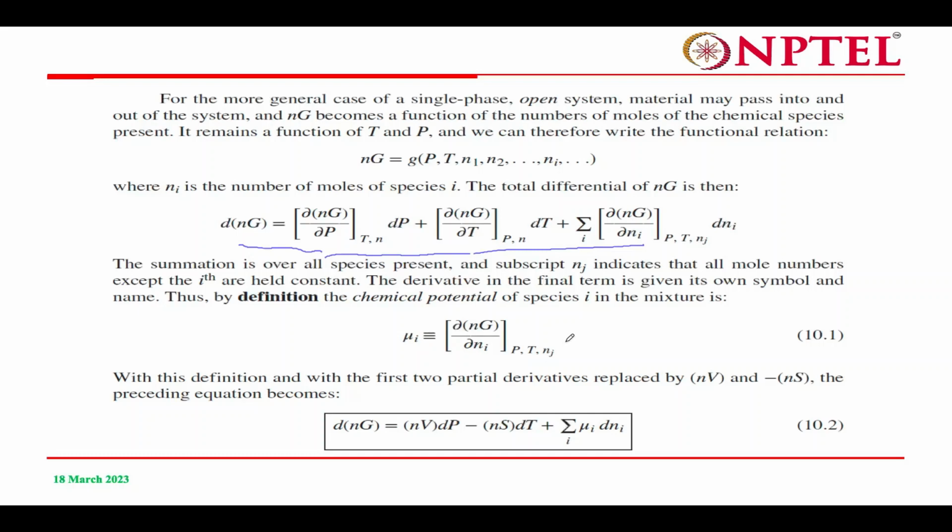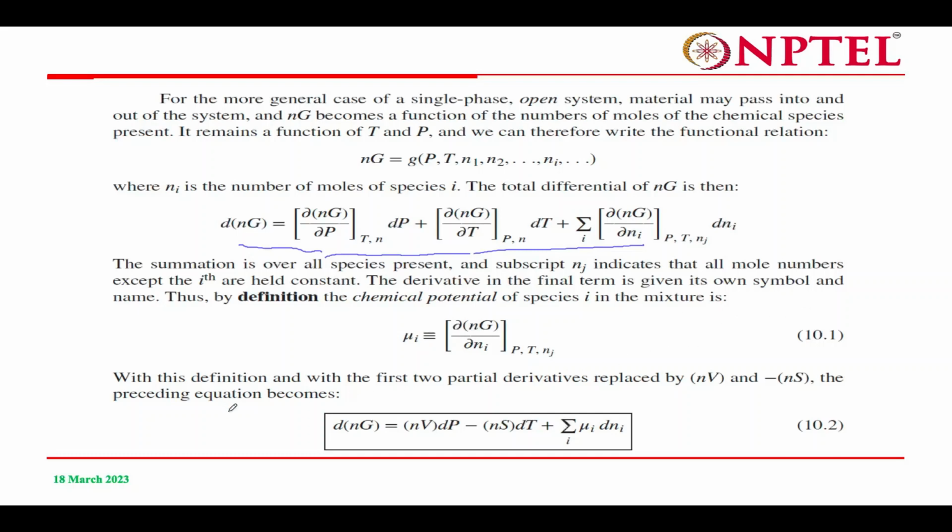So this is an index of chemical equilibrium. Like pressure is an index for mechanical equilibrium, and temperature is an index for thermal equilibrium, right? So here chemical potential is an index of chemical equilibrium.